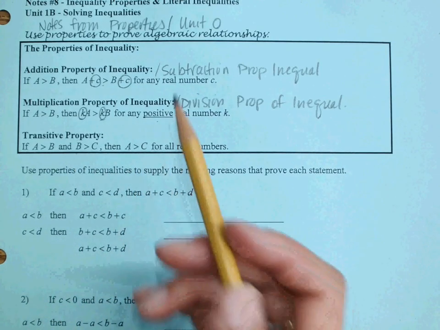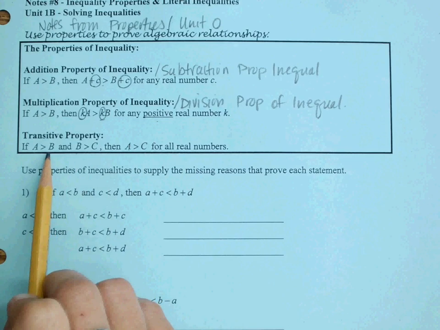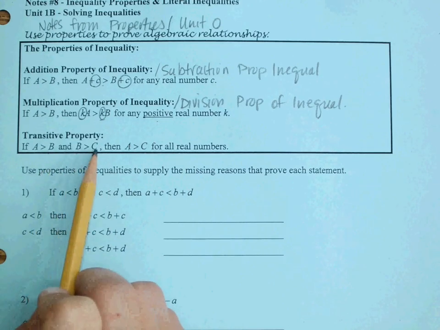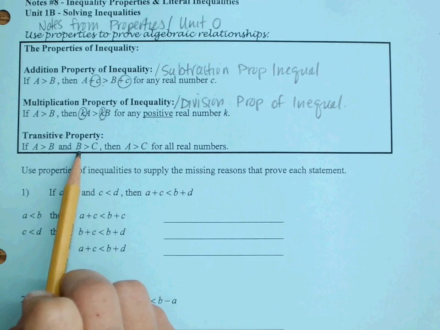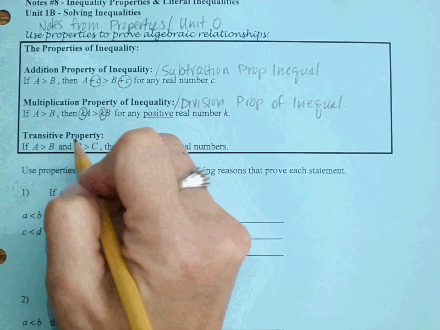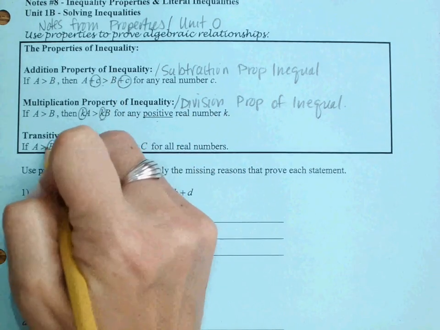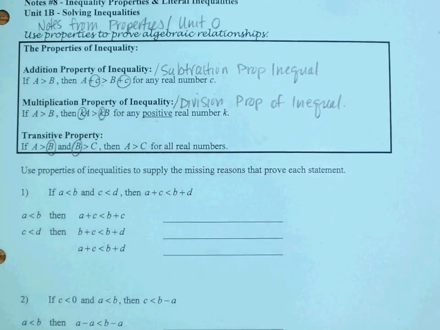It's substitution where if A is greater than B and B is greater than C, we substitute out the B, so A is greater than C. You'll find that we end up using this transitive property a lot more in these notes and homework, so just be aware of that.